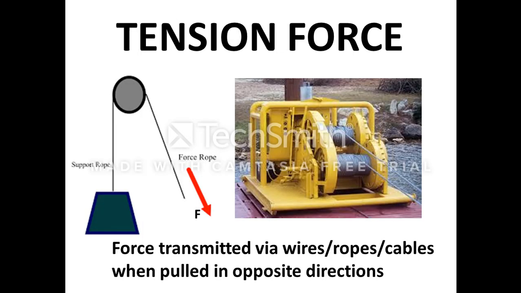The other type of force is what we call the tension force. Tension force is transmitted through wires, ropes, or cables when they are pulled, and this force usually occurs in an opposite direction.